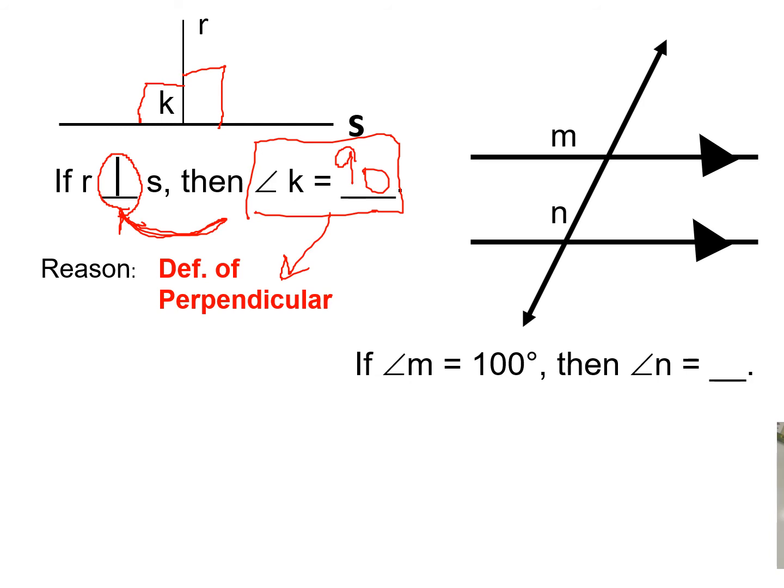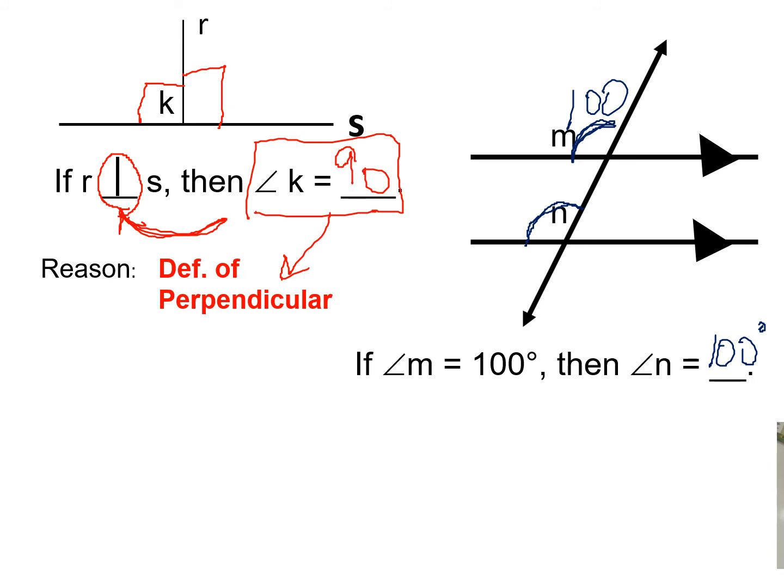All right, then you get into ones that are more of a rule kind of thing and not just a definition. The measure of angle M is 100. Okay, what else do we already know on here? The parallels. So that's not just something you skip past. The parallels are there. So now, angle N is going to match it and be 100. What kind of angles were they?